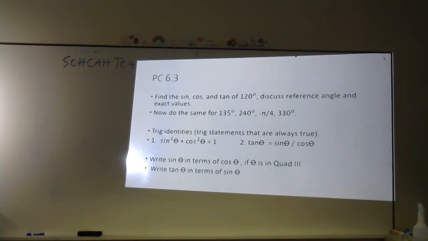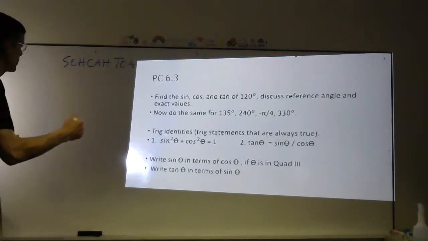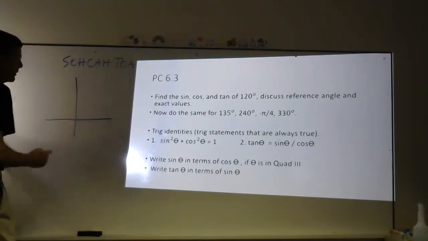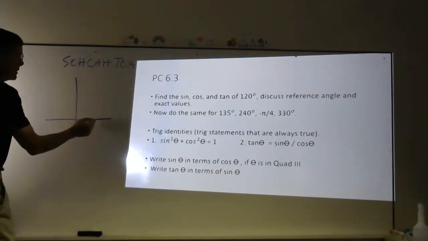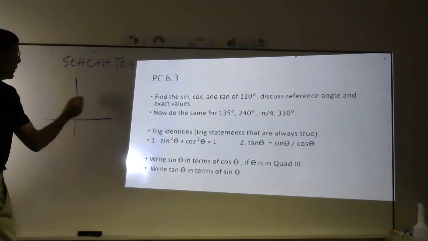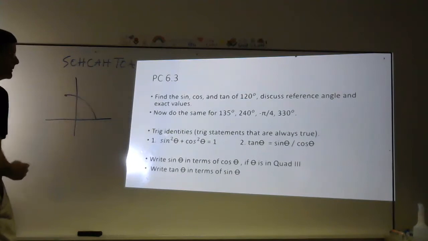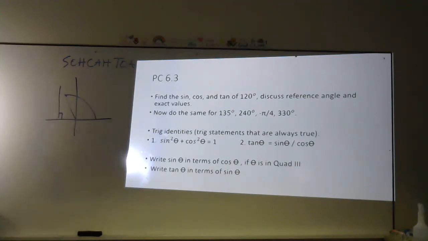All right, so let's talk about sine, cosine, and tangent of angles bigger than 90 degrees. Now, we talked already, when you want to draw an angle, you always start on the positive x-axis. We're going to go 120. This in one quadrant would be 90, so we're over here a little bit past 90. And then you draw a right triangle.